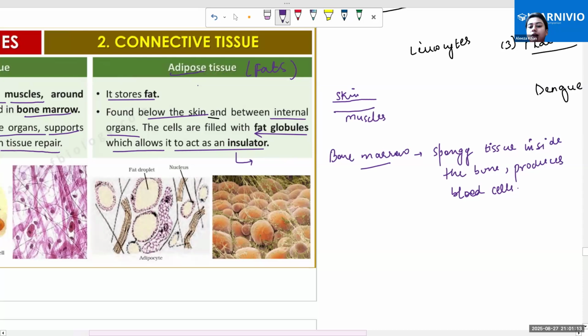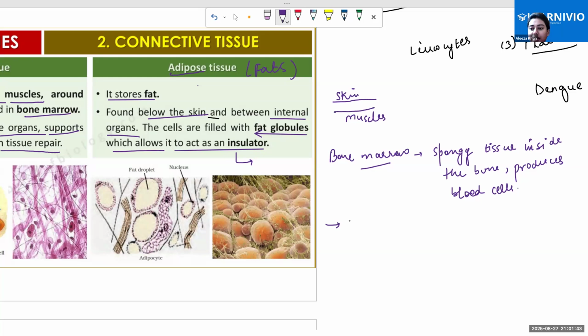Yes, ma'am. That also comes under the nutritional factor. Okay. Any other point, Bethel? Will it protect organs? Yes. This is one of the main points, that it protects your organs also. Okay. And it is responsible for protecting your bony landmarks also.